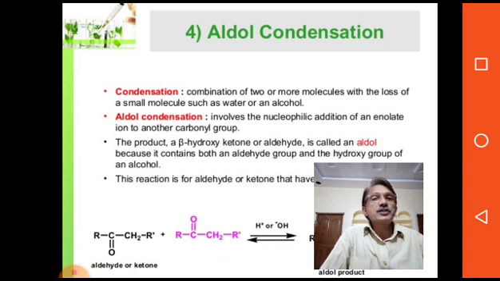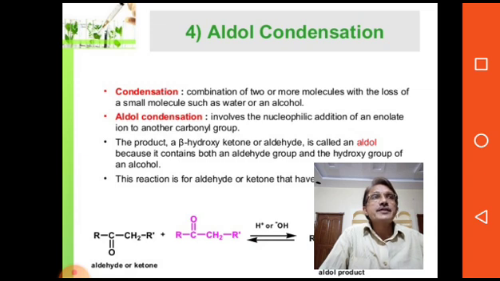Next, aldol condensation. Aldol condensation is one of the characteristic properties of aldehydes and ketones. It involves the nucleophilic addition of an enolate ion to another carbonyl group. Aldol condensation is possible whenever an aldehyde contains alpha hydrogen.